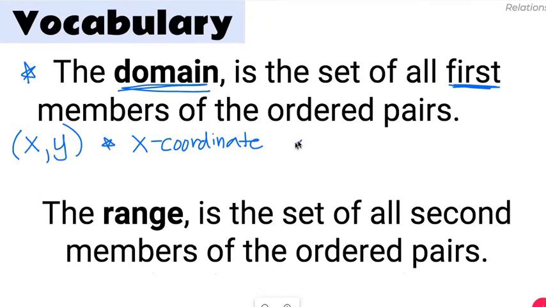Another word that you may hear the domain called is the input. They're all talking about the same thing. Domain, x coordinate, input. They're all talking about the first part of the ordered pair, the first member.